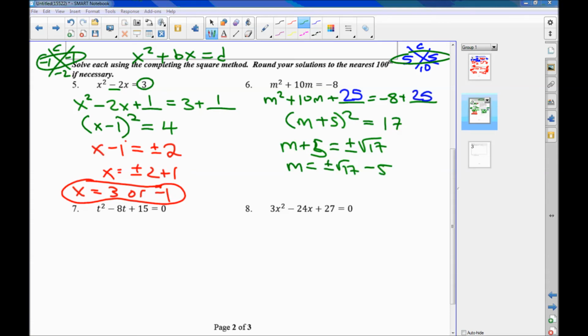So plus or minus root 17 minus 5. And this is what a calculator is for. So I'll do root 17 minus 5 for my first answer. This gives me about -0.88, or I do negative root 17 minus 5 for my second answer.